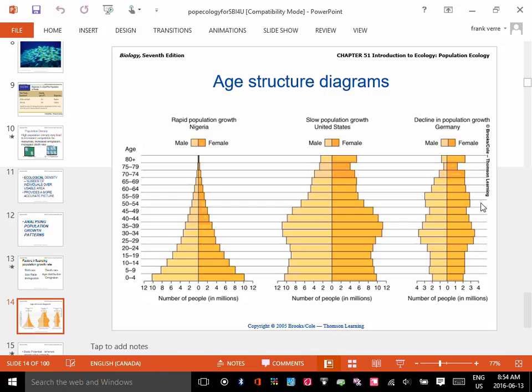It looks almost, well, not like an hourglass, but like an oval, where the bulk of it is in the middle. Which of these two populations has a higher potential to grow? And why? Iris, which one? Which of these two populations has a higher potential to grow?